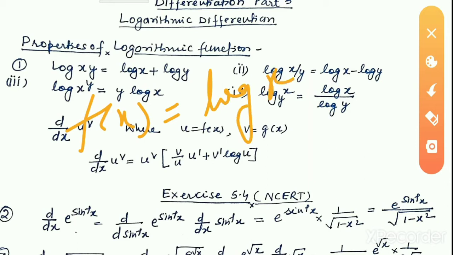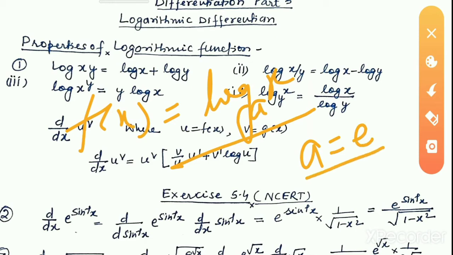This is called the logarithmic function. Here a is the base. If a is equal to e, then it becomes natural logarithmic function.